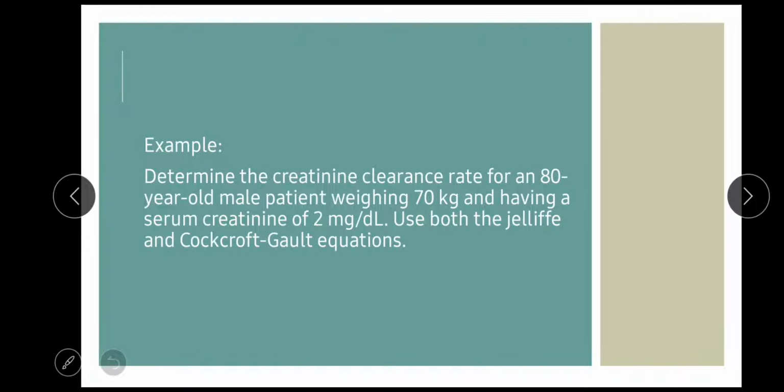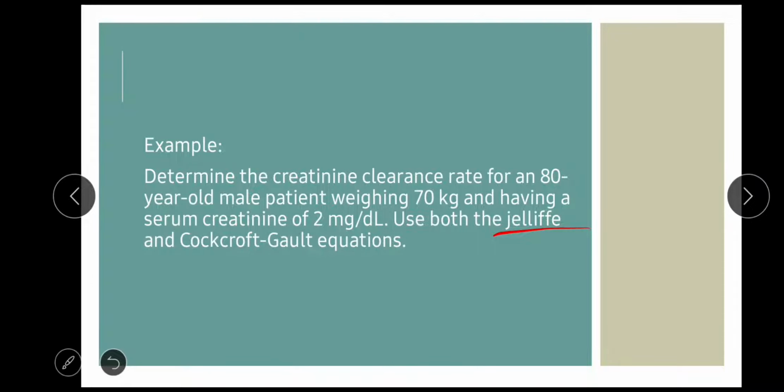The next natin, question natin is yung tungkol naman sa Jelliffe and Cockcroft. Determine the creatinine clearance rate for an 80-year-old male patient weighing 70 kg, having serum creatinine of 2 mg per deciliter. So, pwede talaga natin gamitin tong Jelliffe at saka Cockcroft-Gault, kasi nga, less than 5 mg per deciliter yung ating gagamitin. Then, unahin natin ang Jelliffe na to.